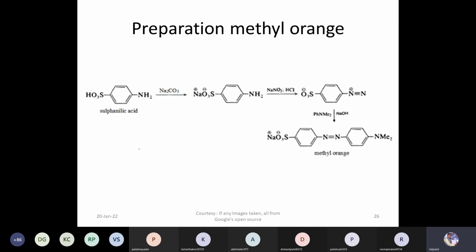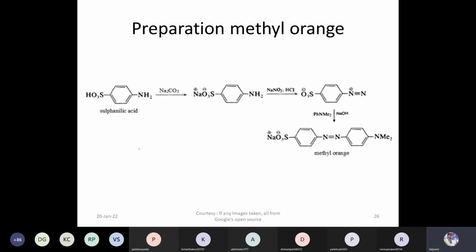So both types of functional groups are present. One is acidic, another is amine, meaning base. When both are present on one compound, we cannot say it is completely acidic or completely basic. That's why it is known as the amphoteric nature of the compound.